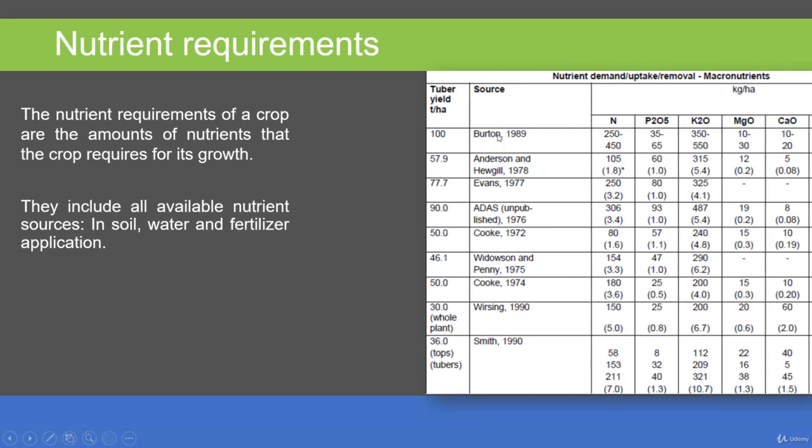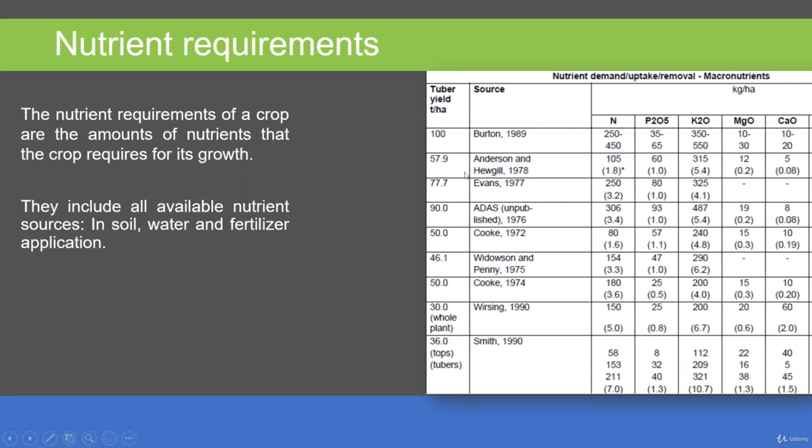According to Burton in 1989, a potato for a yield of 100 tons per hectare requires between 250 to 450, quite a large range, of nitrogen, 35 to 65 phosphorus, 350 to 550 of potassium, etc.